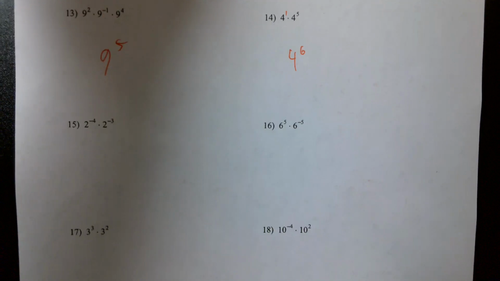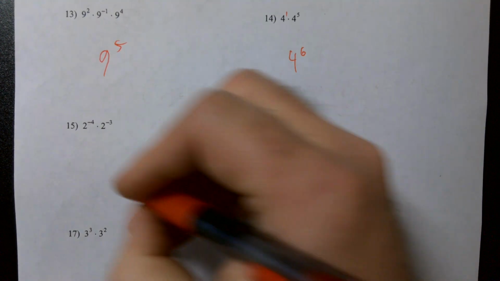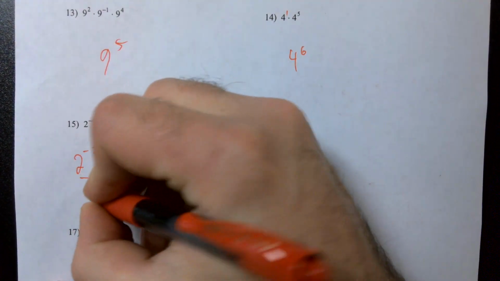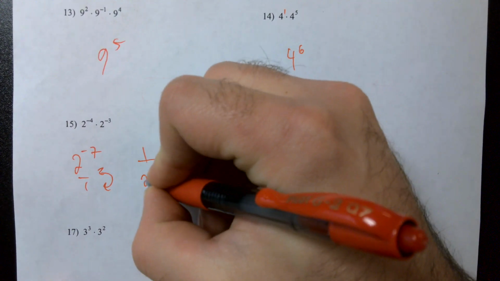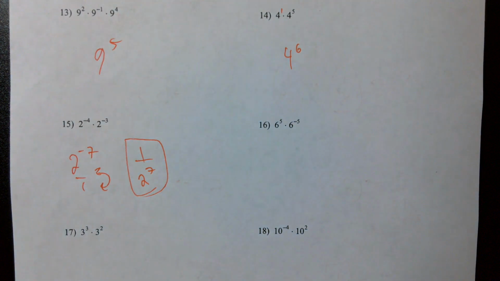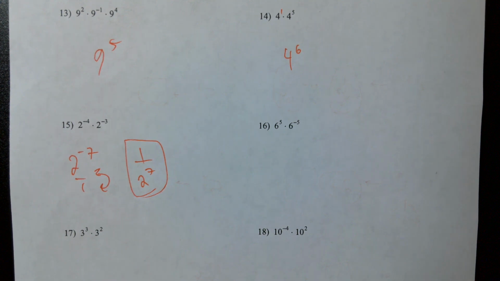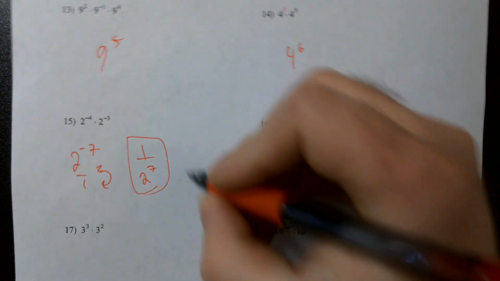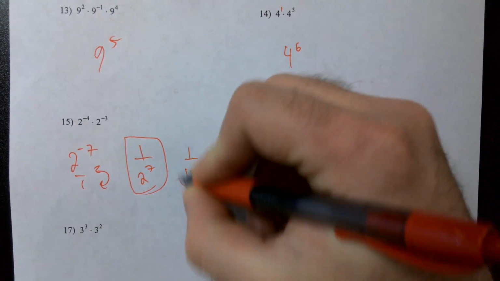Number 14. 2 to the negative 7th, put it over 1, flip it around, make it positive. 1 over 2 to the 7th. Which I think would be 128. 2 times 2 times 2 is 8, 64 times 2, 128.